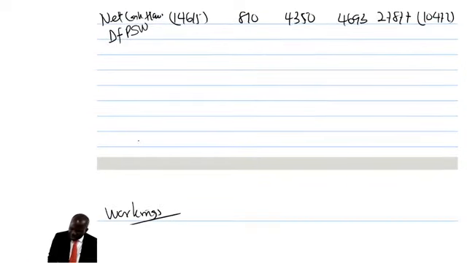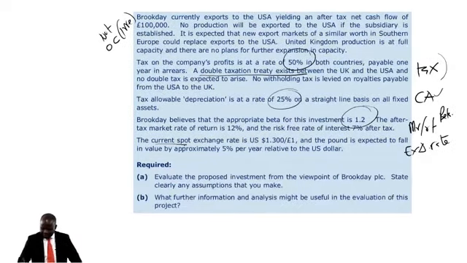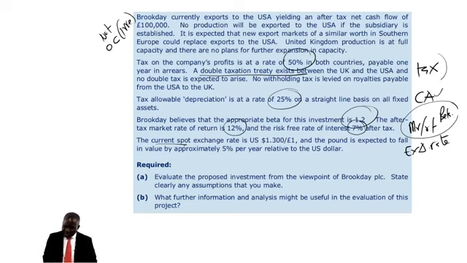So I'll say my cost of capital will be, in this case, because they gave us the beta, risk-free plus the beta times market return minus the risk-free. According to the question, this is where we pick them: risk-free rate is 7%, and the market return is 12%.